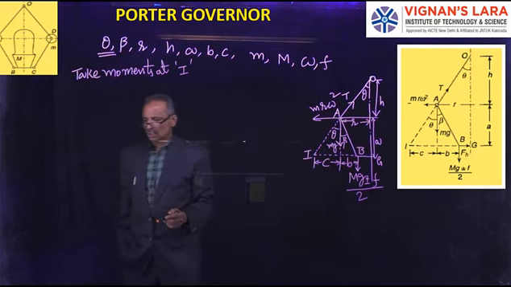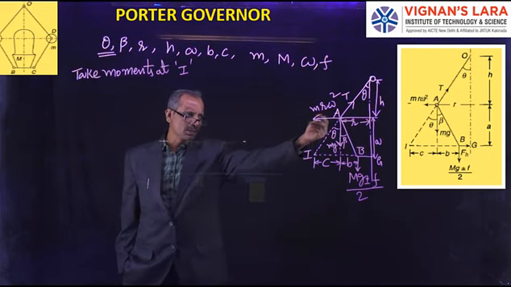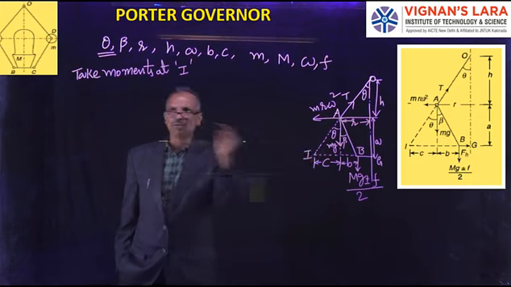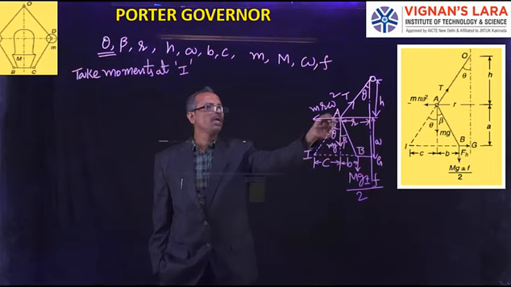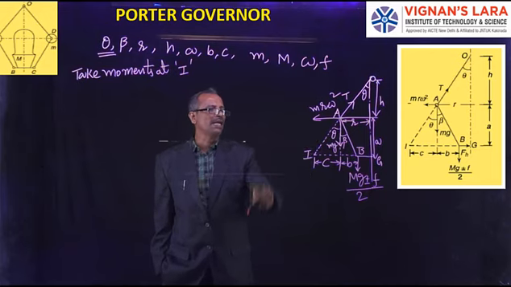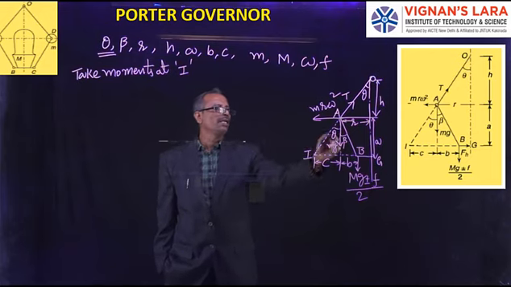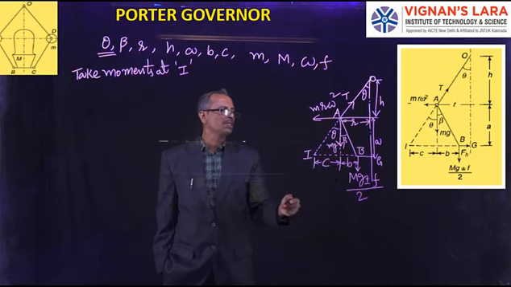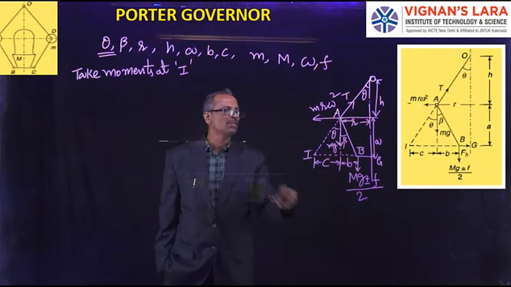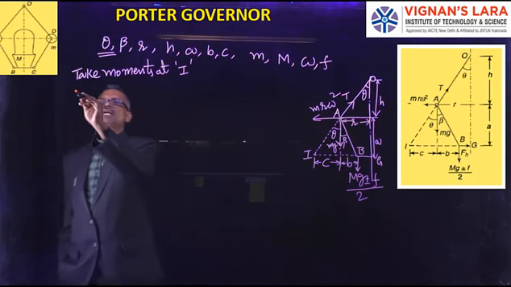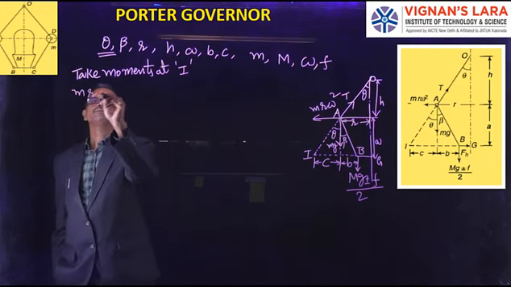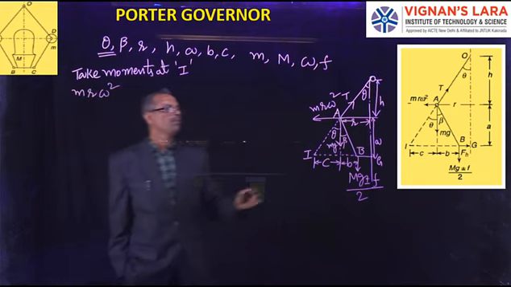You can see mr omega square causes which type of moment? If you take this point, mr omega square causes an anti-clockwise moment, and Mg plus or minus f by 2 gives the clockwise moment. So mr omega square into the perpendicular distance.